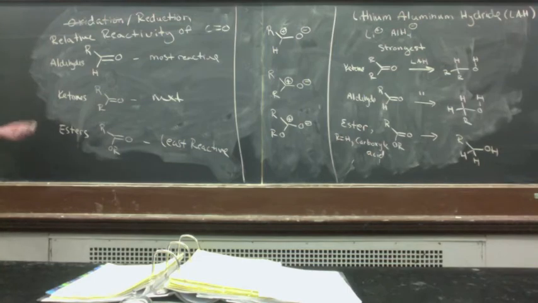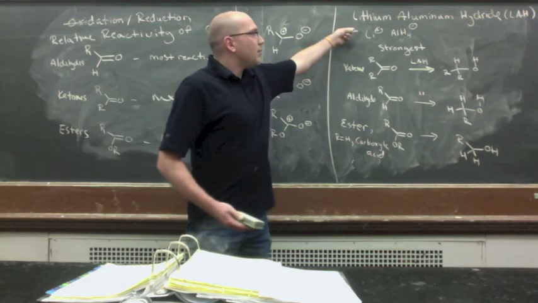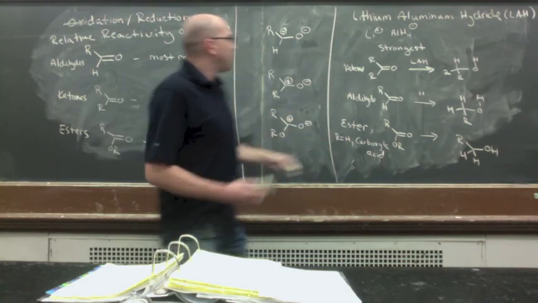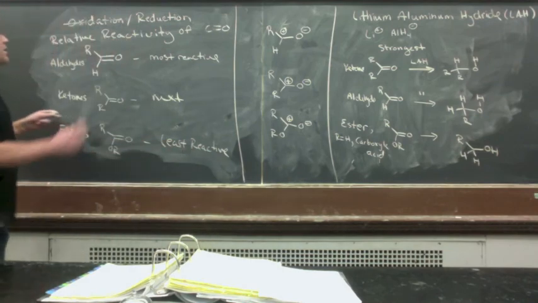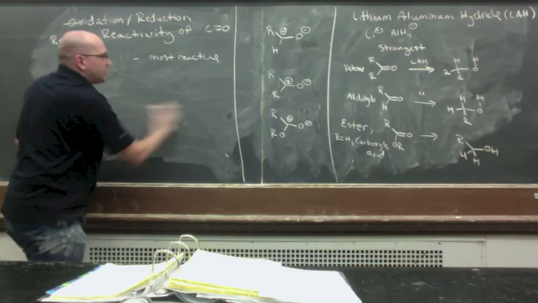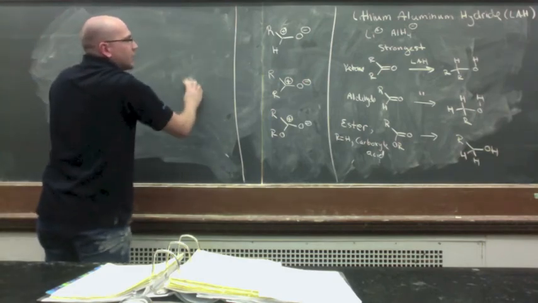We're learning all these different reducing agents. Lithium aluminum hydride will react with all of these, and these will be the products that form. I'll show you all the different hydride sources here.